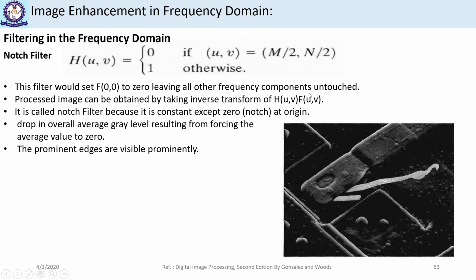This will be the filtering operation, and the inverse of this will give you the filtered image. It is called a notch filter because it is constant except 0 at the origin. So it is 0 at the origin and 1 elsewhere, and that is why it is called a notch filter.